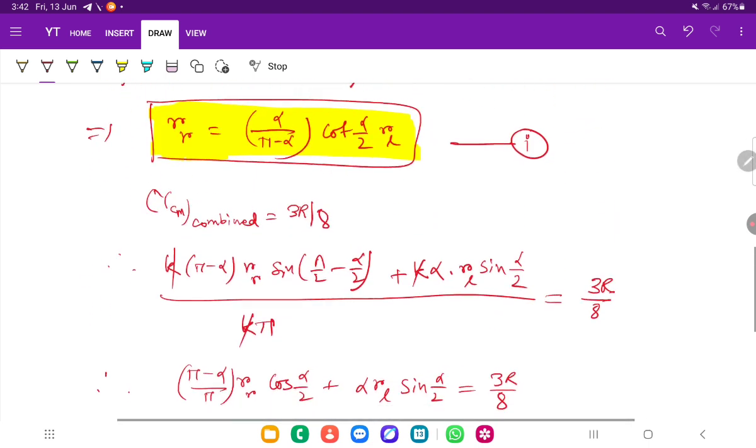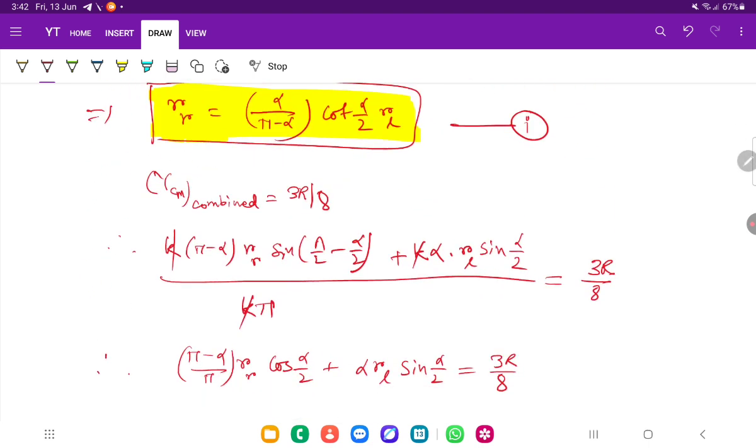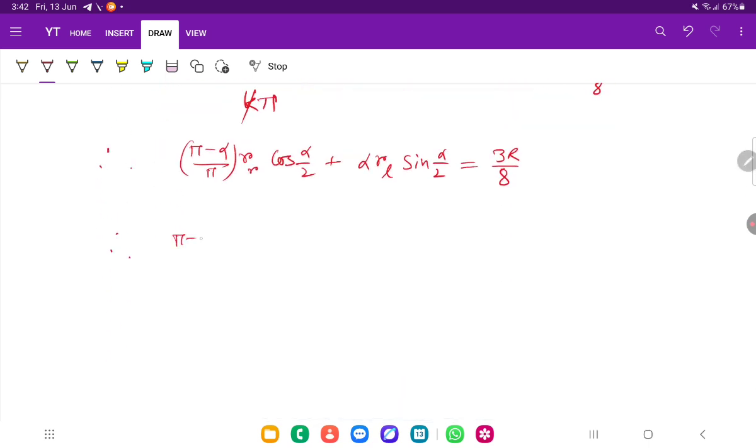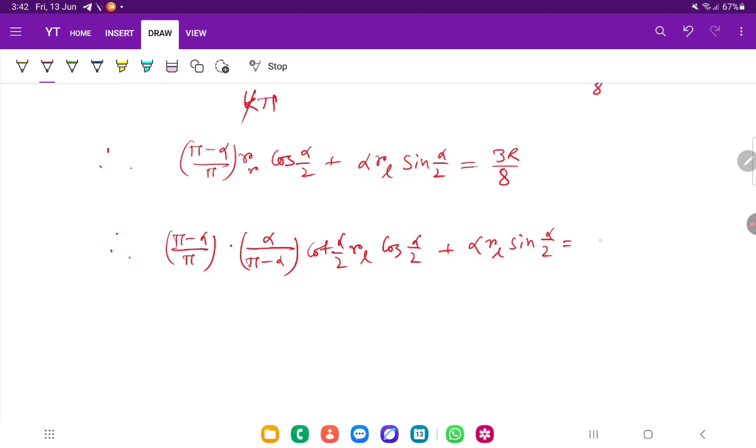From 1 we can write, this one was RR, right? So (π − α)/π into α/(π − α) times cot(α/2) RL into cos(α/2) plus α times RL sine(α/2) equals 3R upon 8.